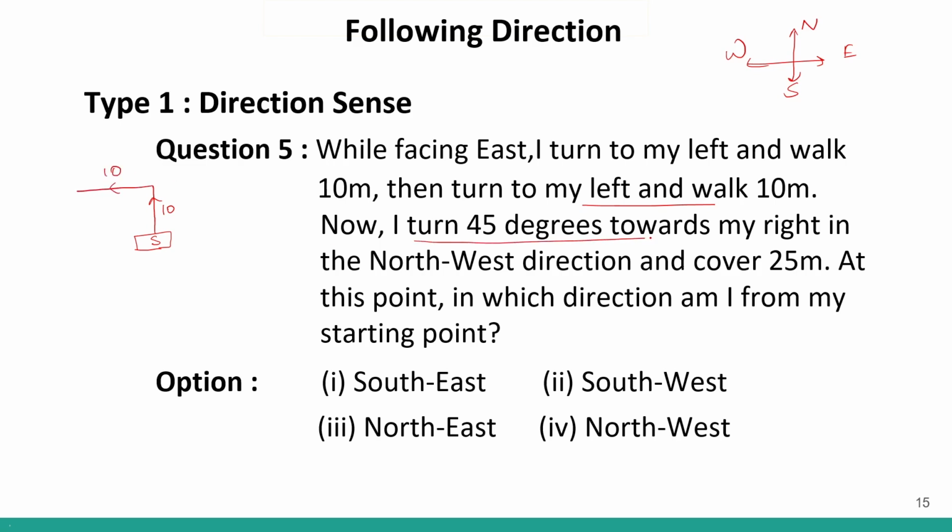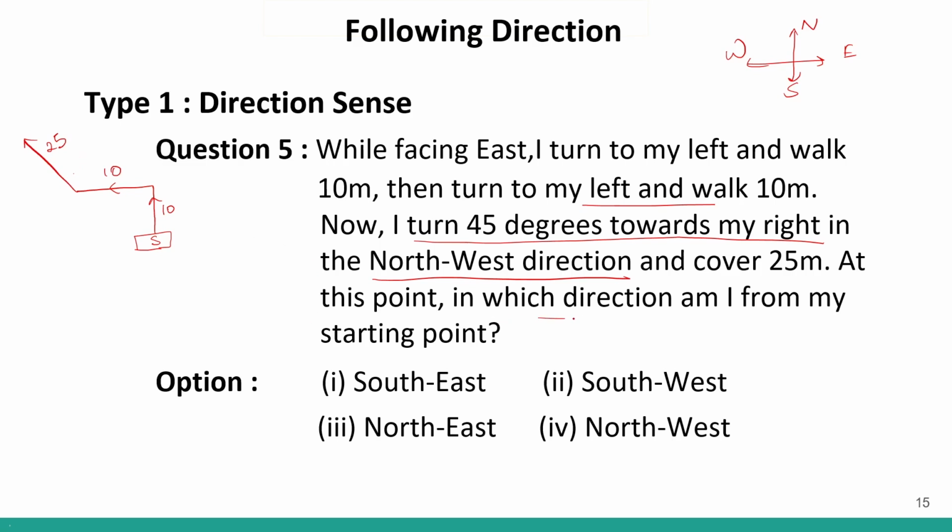Then he turns 45 degrees towards my right. So 45 degrees, if let's say we draw something like this, what will be the 45 degrees? 45 degrees will be here. So he takes a 45 degree turn towards the right, in the northwest direction. So direction is also mentioned to us, northwest direction, and covers 25 meters. So from here he goes 25 meters in the northwest direction.